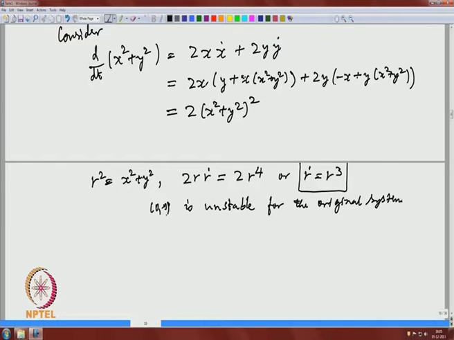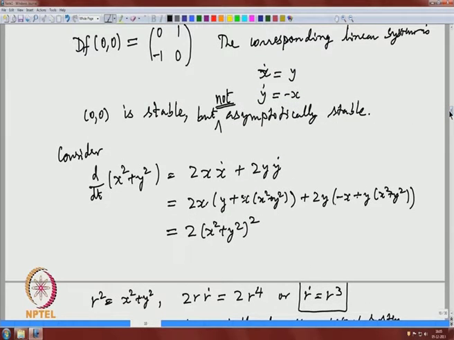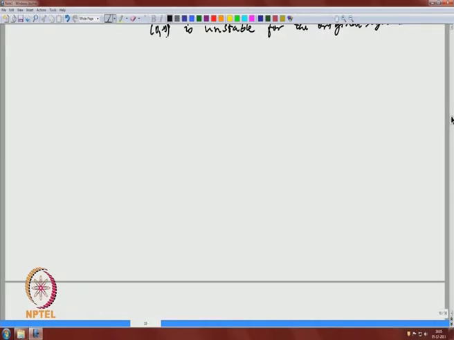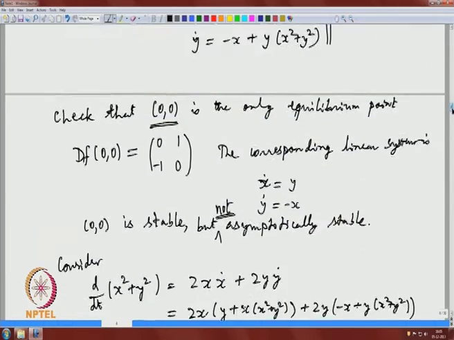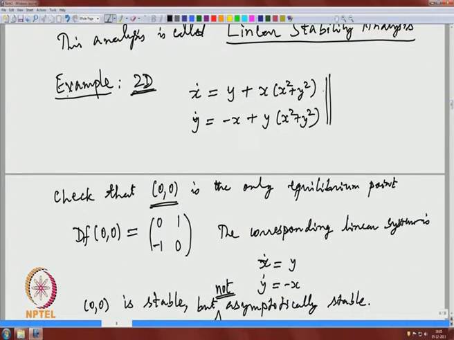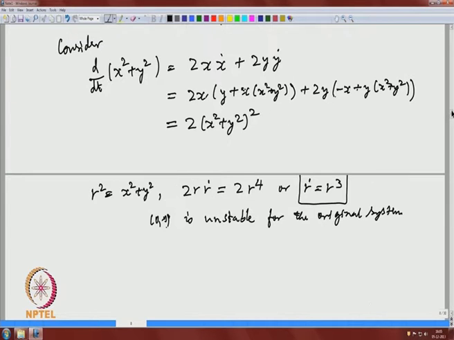Okay. So, the linear analysis says that the origin is stable, but not asymptotically stable, but for the original problem, namely this system, the origin is unstable.